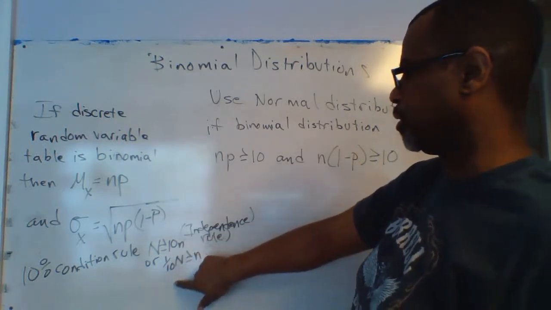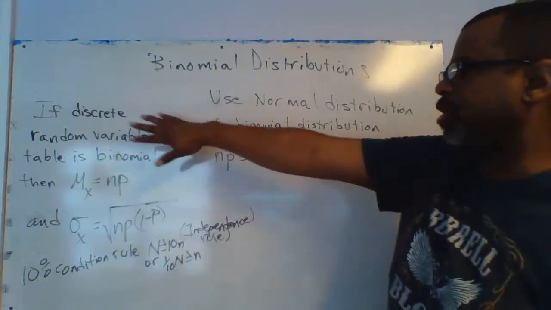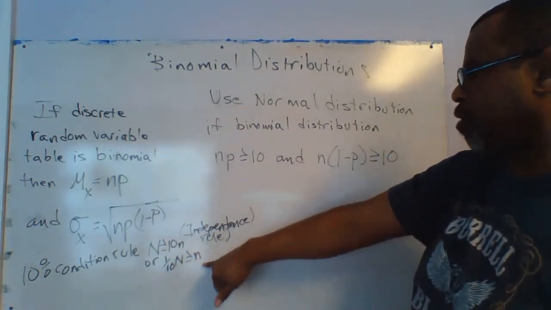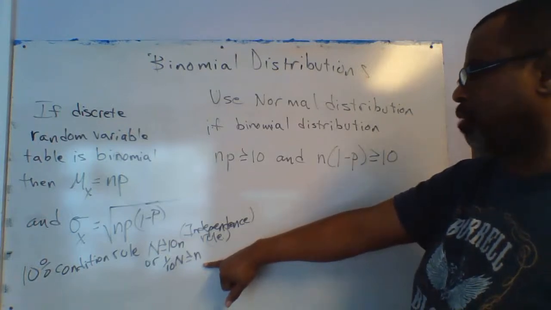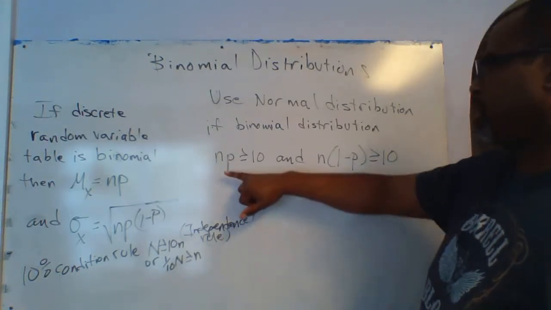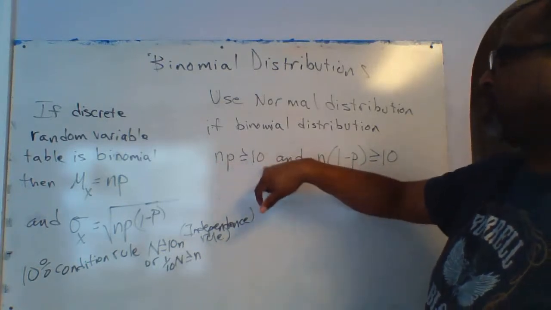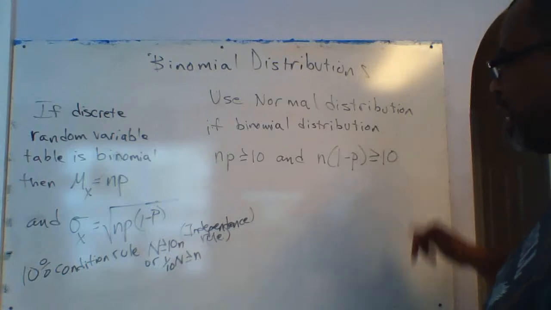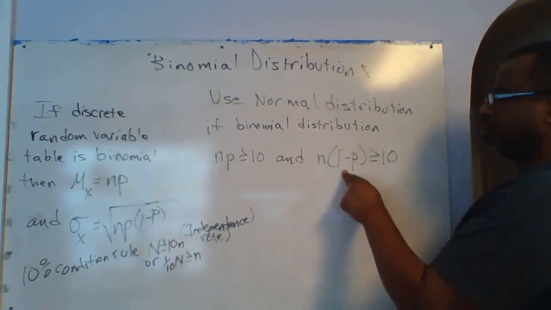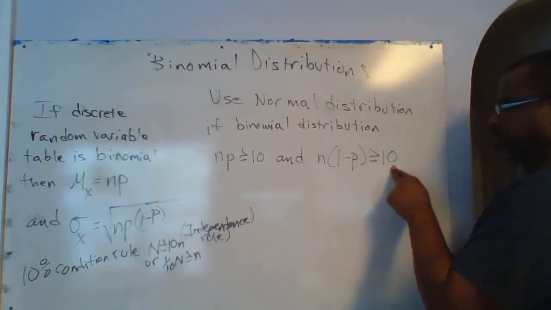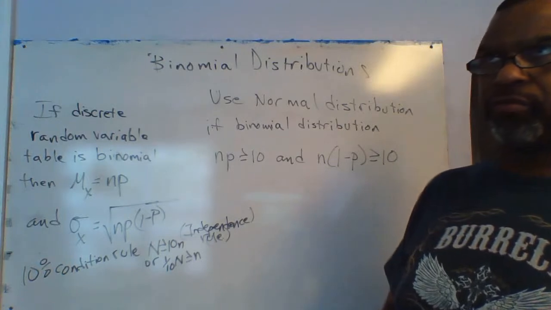You're going to look at the 10% condition rule for independence: you want your sample size to be no more than 10% of your population. Then if n times p, your successes, is greater than or equal to 10, and at the same time n times 1 minus p, your failures, is greater than or equal to 10, you can use your norm curve.